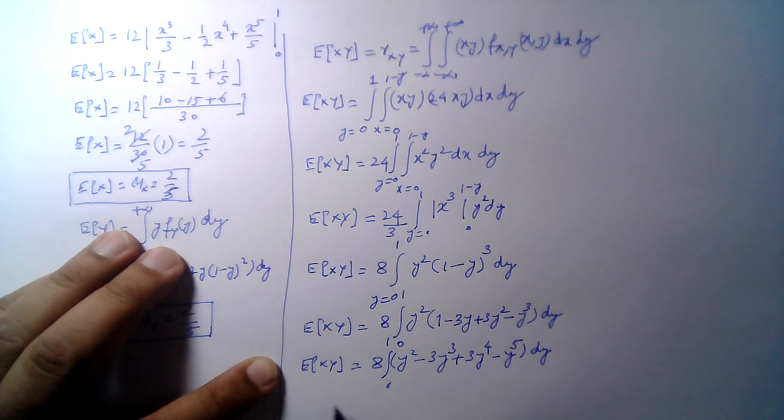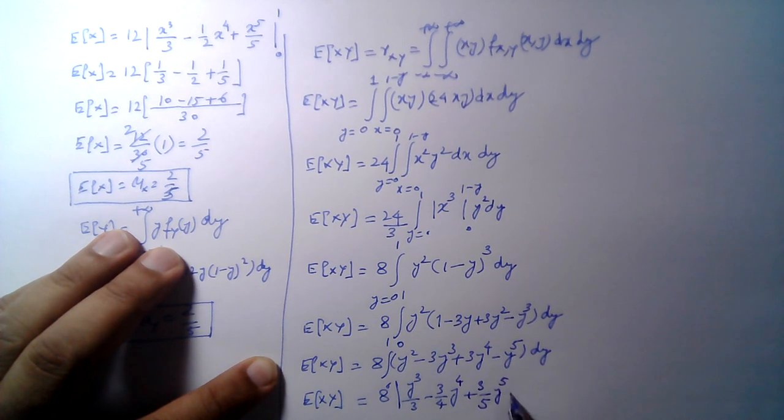Now this is easier to integrate, these individual expressions. So this is 8 times, and this comes up to be y cubed over 3 minus 3 over 4 y to the power 4 plus 3 over 5 y to the power 5 minus y to the power 6 over 6, from 0 to 1.